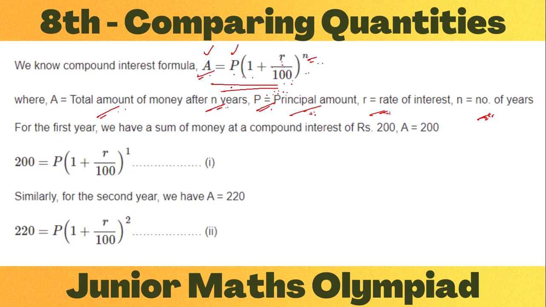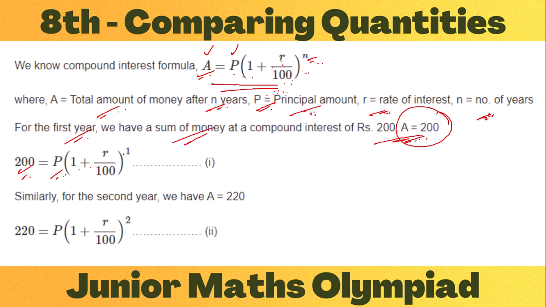In the question, they have given the hint that in the first year the amount has become rupees 200. Means A equal to rupees 200. So in the formula, in the place of A, we can keep 200. We don't know the principal amount, let's keep it P as it is.